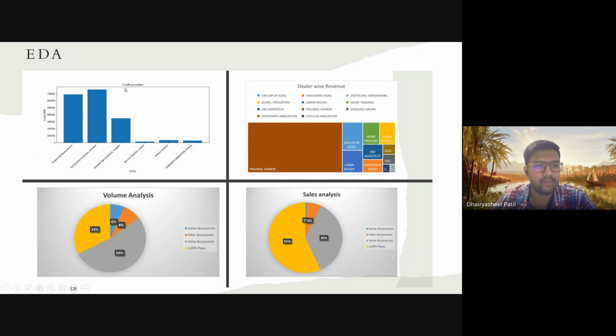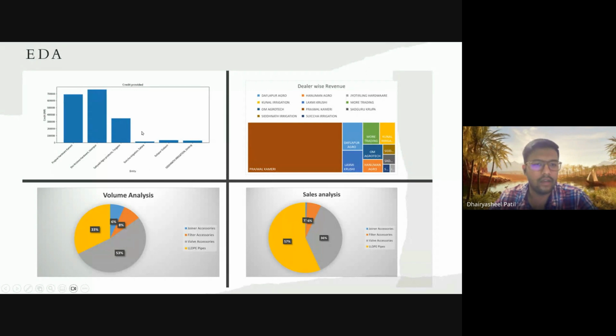Most of that credit went to his own subsidiary, Prajwal Hardware Company, where he sold to the local market, and others were around the same area, like Islampur.